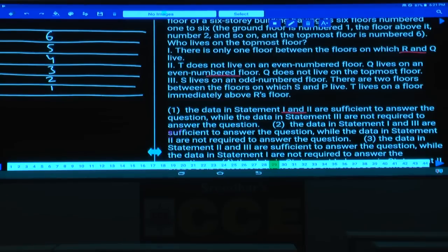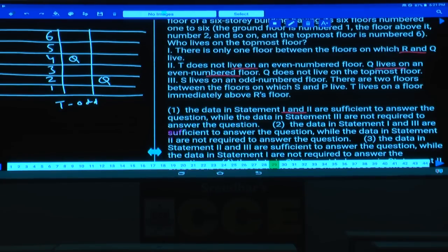Q lives on an even number floor, and Q does not live on the topmost floor. As Q does not live on the topmost floor, Q must be either on the 4th floor or on the 2nd floor, because Q is on an even number floor. And T does not live on an even number floor, so T must be on an odd number floor, isn't it?